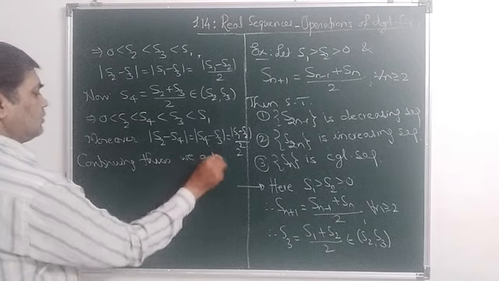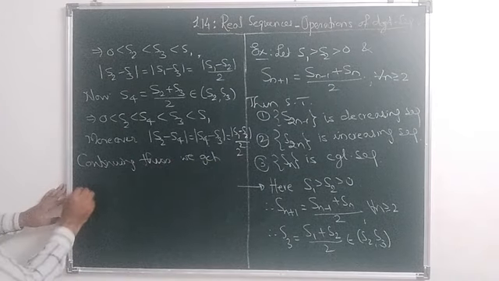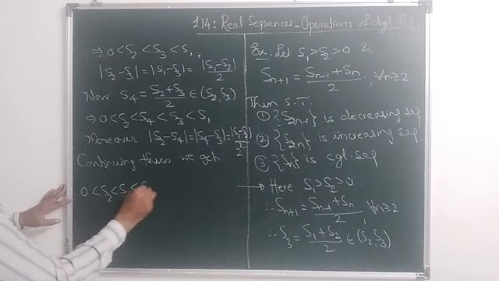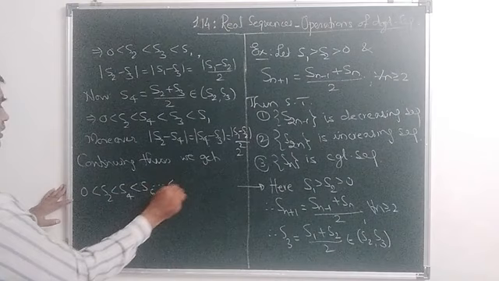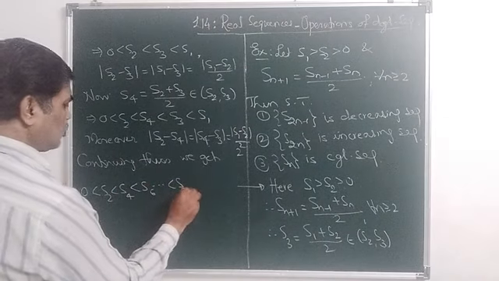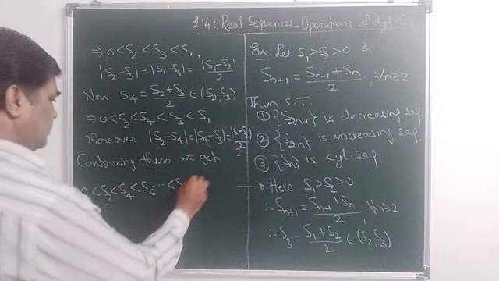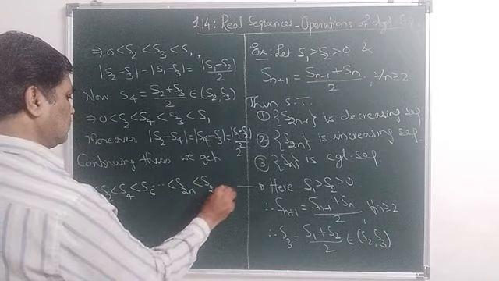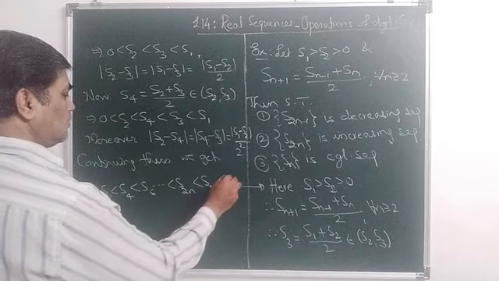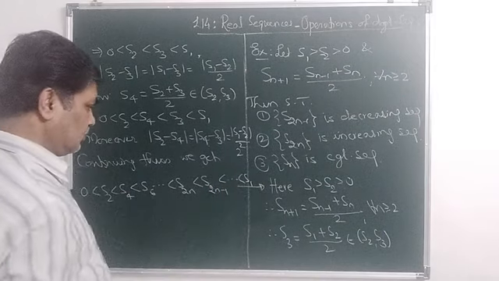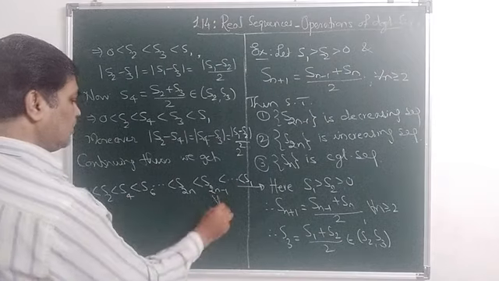we get 0 less than S2 less than S4 less than S6, S2n, and S2n minus 1, and so on, S1, for every n.